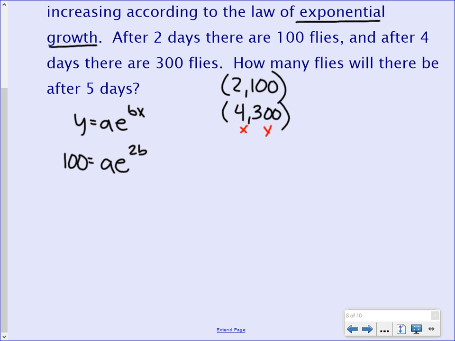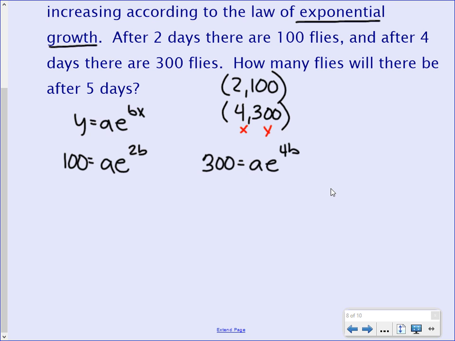Now that's kind of trouble for us, right? I mean, we still have 2 unknowns, and they're really the things we really like to know, the initial amount and the rate. Using my second point, I could write an equation that says 300 equals a times e to the 4b. But I have the same problem. I still don't know my initial amount, and I still don't know my rate.